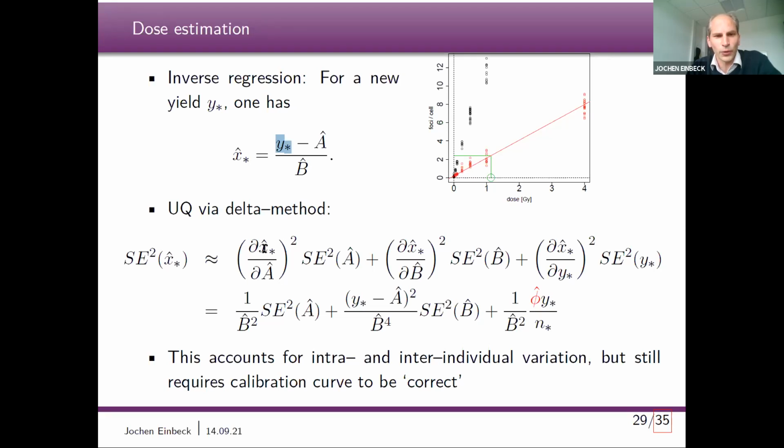All you need is to work out the partial derivatives of that expression with respect to each of these things, square them, and multiply by the corresponding squared standard errors of the individual things. There would be some cross terms, some covariance terms, but usually they are relatively small. So these are only the main terms.